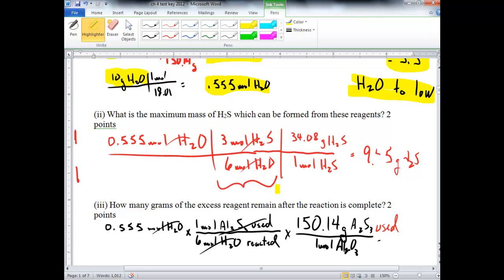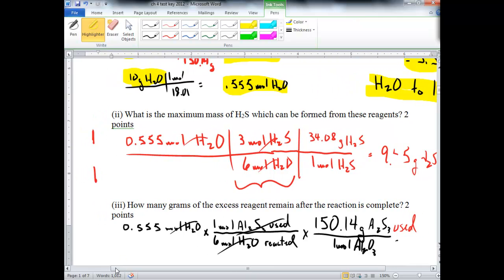So part 2, what is the maximum amount of hydrogen sulfide that could be formed from these two reagents? And so since water is the limiting reactant, that's the thing we're going to use to determine how much of the product can be produced. So you'll notice we're going to start with water. And of course, in our balanced chemical equation, we get 3 moles of hydrogen sulfide produced for every 6 moles of water that we start with.